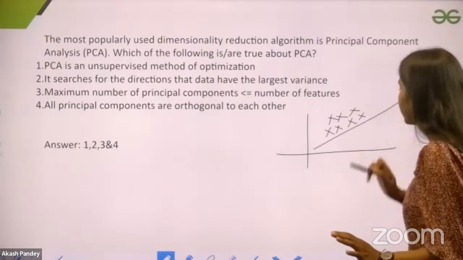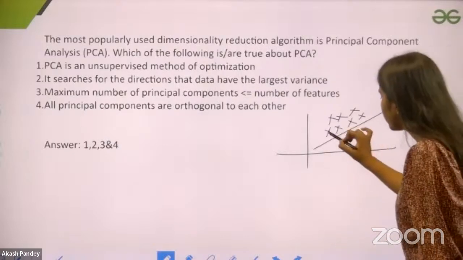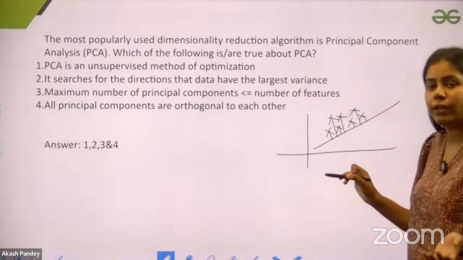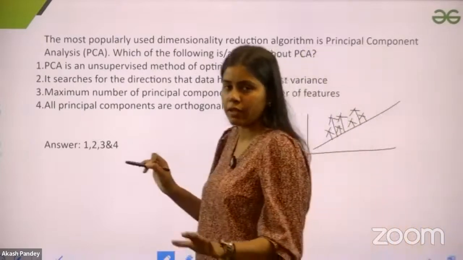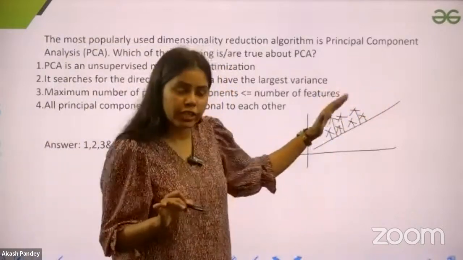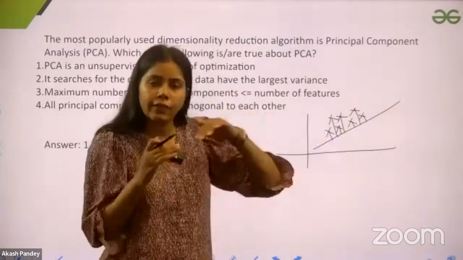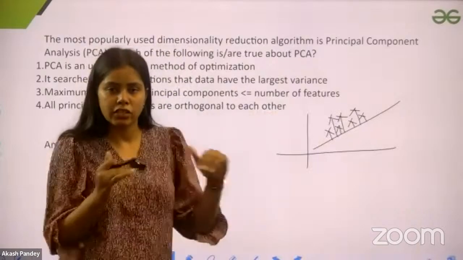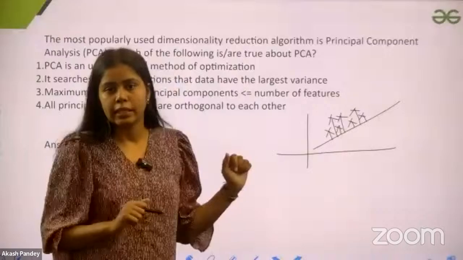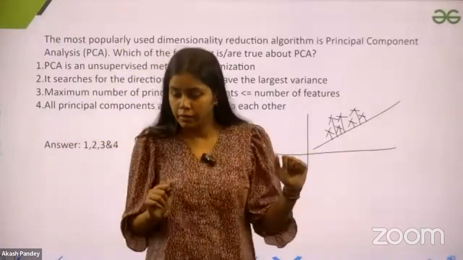So in this direction I have maximum variance, and I'll project all the points on this line so that I can convert my two-dimensional data into one-dimensional. This is my first principal component. When I project these points on this line, and if I take an orthogonal direction, that means the direction which is 90 degrees to the first principal component, that is my second principal component, right?